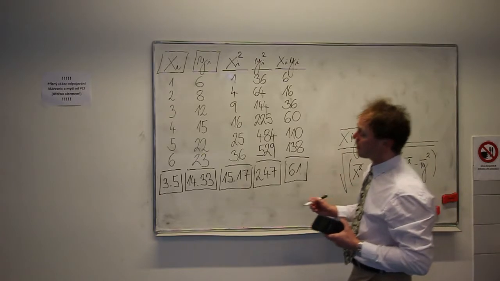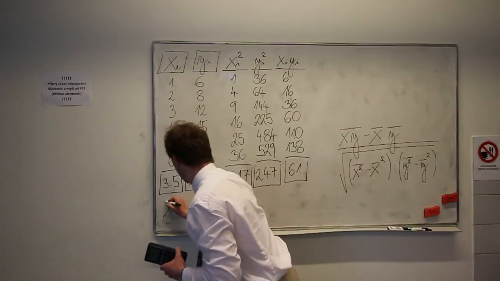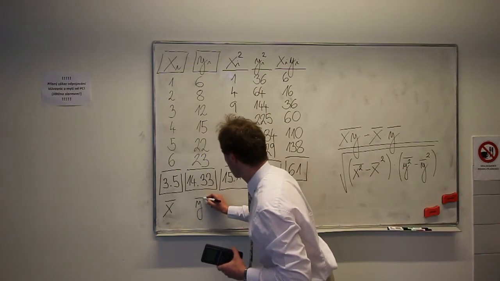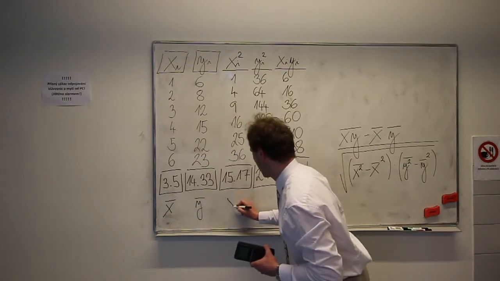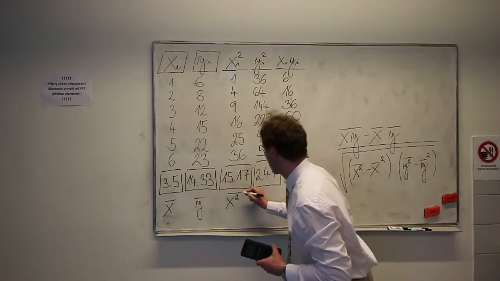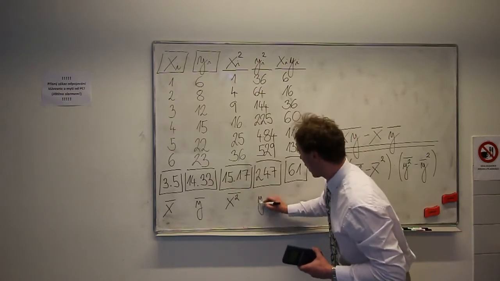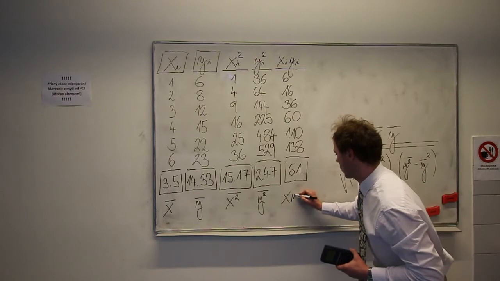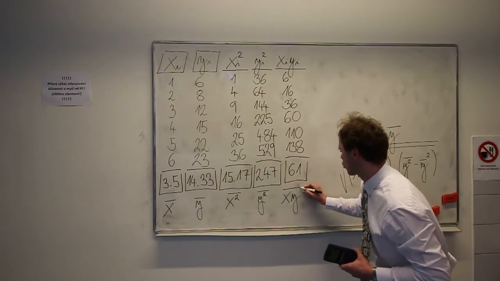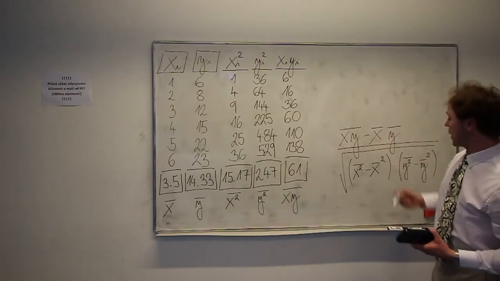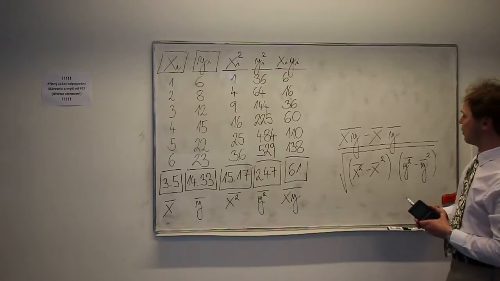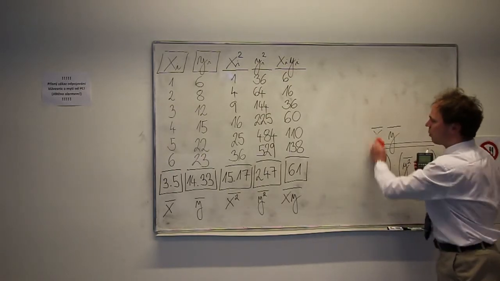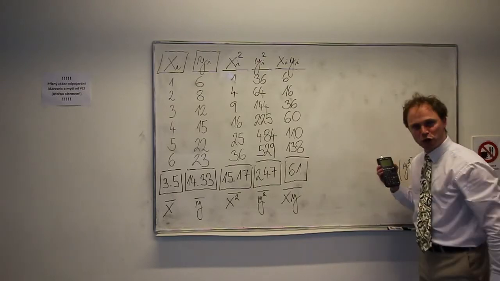So again, there is x with stripe, there is y with stripe, there is x squared with stripe, there is y squared with stripe, there is xy with stripe. Yes? We have everything, and we can use this formula and calculate the correlation coefficient.